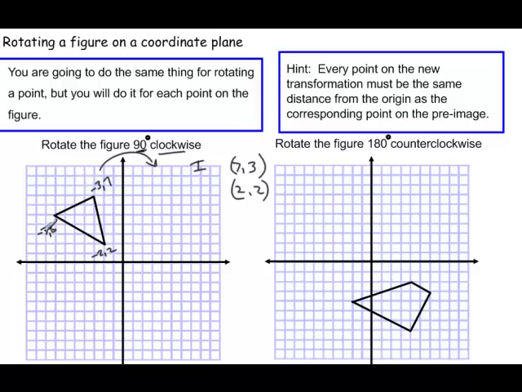This is going to go 5 to 7, and they become positive. So now I can plot my new points. Over 7, up 3, over 2, up 2, over 5, up 7. And my new shape would look like this. So now it's still congruent, like in translations, but it's turned. Okay? Around this point right there.